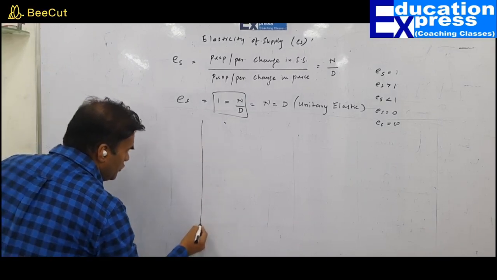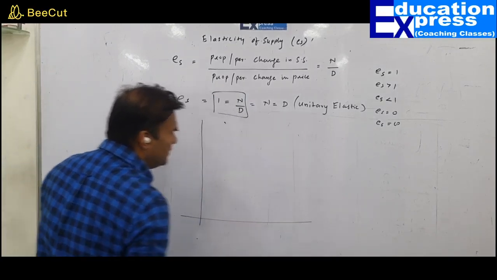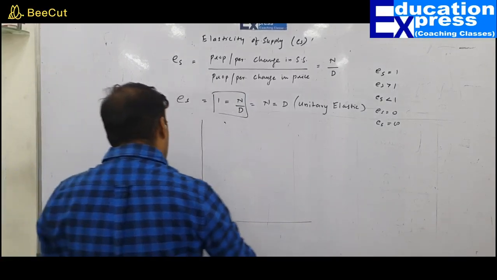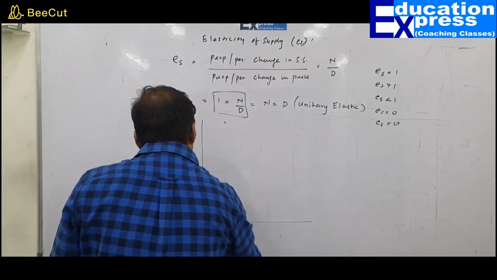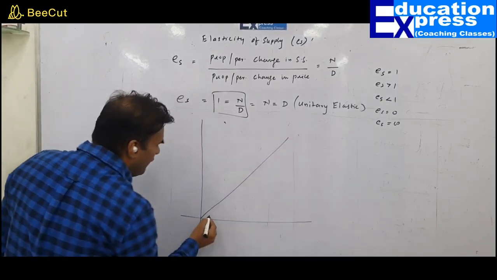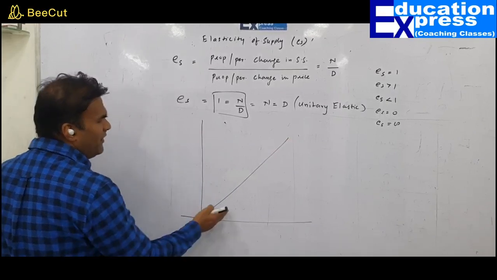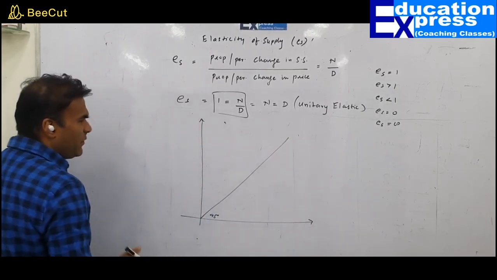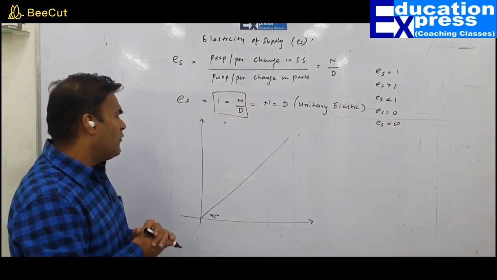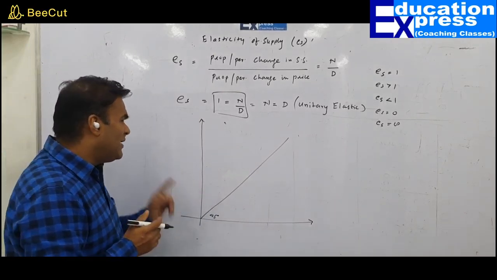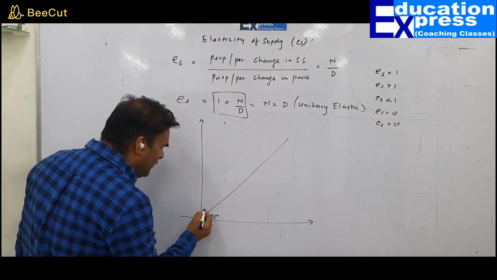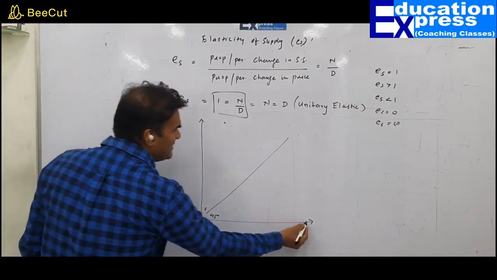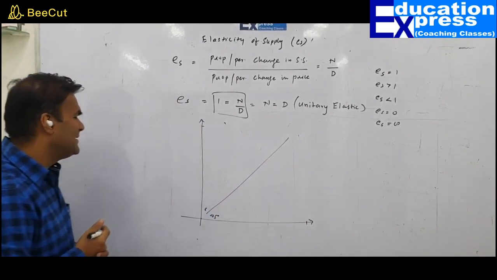What we need to do in this is a very simple thing. My supply curve will exactly have a 45 degree slope. 45 degree means it is equidistant from the x-axis and y-axis. This is a unique curve where my supply curve will be equidistant from both axes.